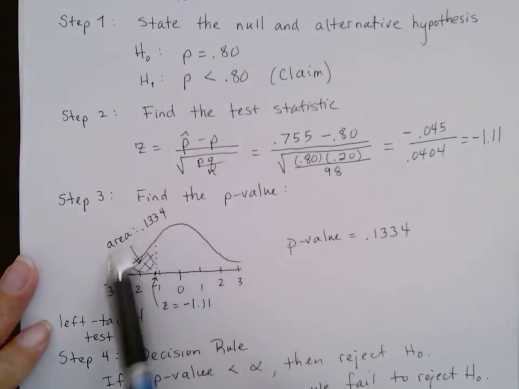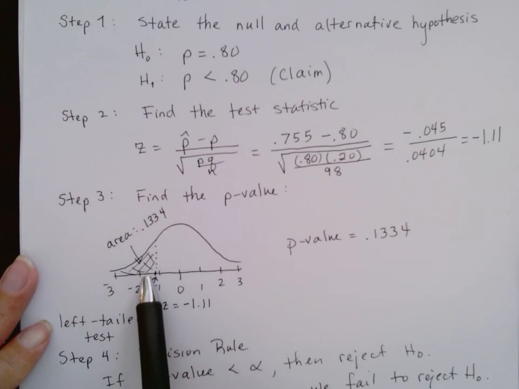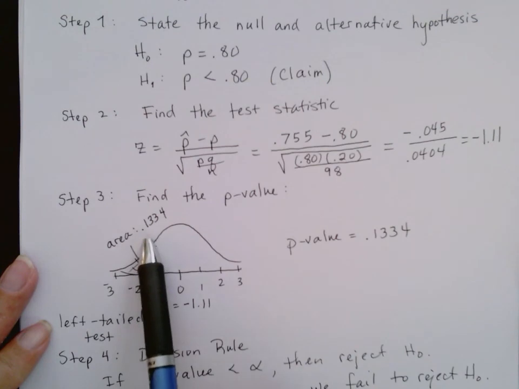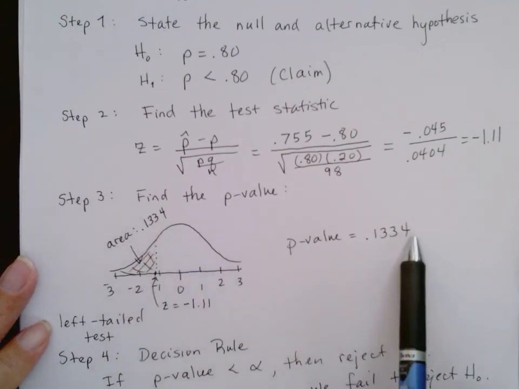Then I want to know the area to the left of my test statistic. You can find that area using the tables, using StatCrunch, or using normal CDF on the calculator. I got the area of 0.1334. That is the p-value.